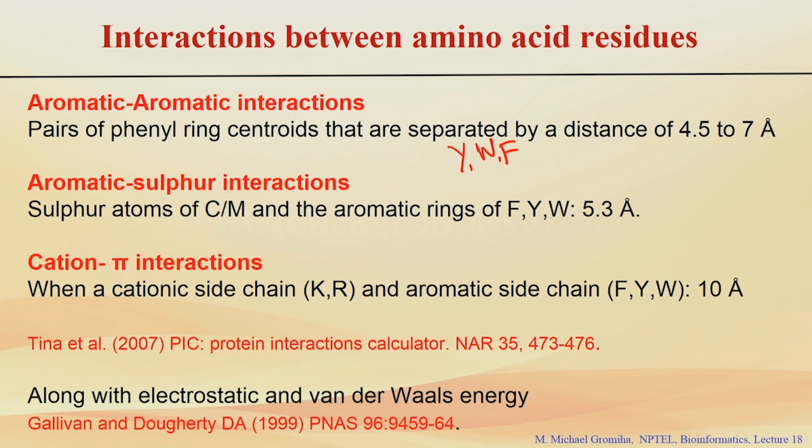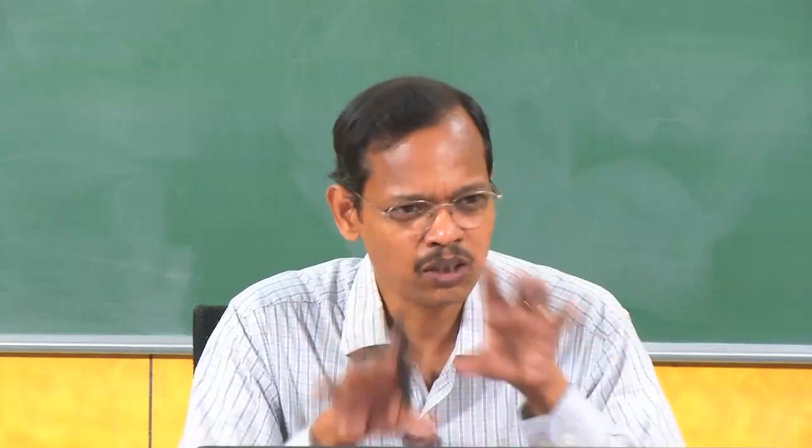You take the coordinates for all the carbon atoms in the ring and then get the average values, like a center of mass, so you get the centers for the different rings. Then check the distance between different rings, and if the distance is 4 to 4.57 angstrom, then you can see that these two residues are involved in aromatic interactions.